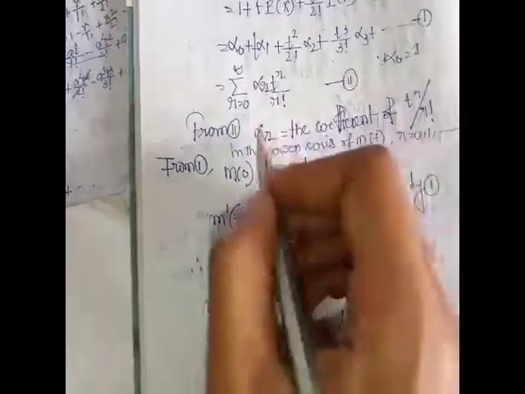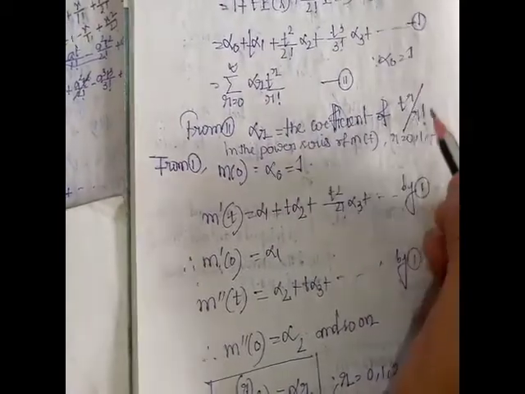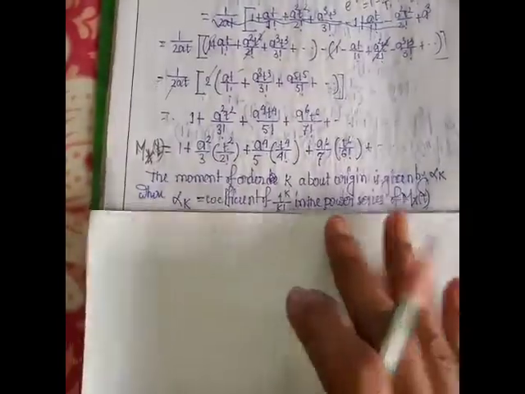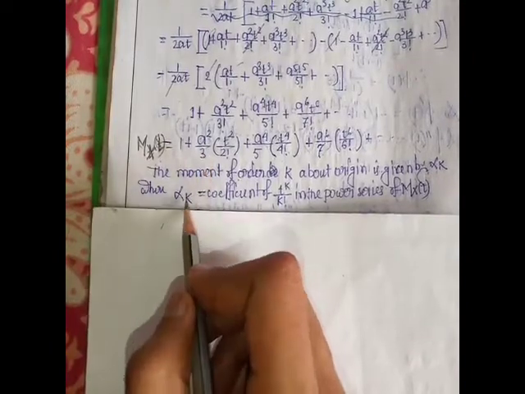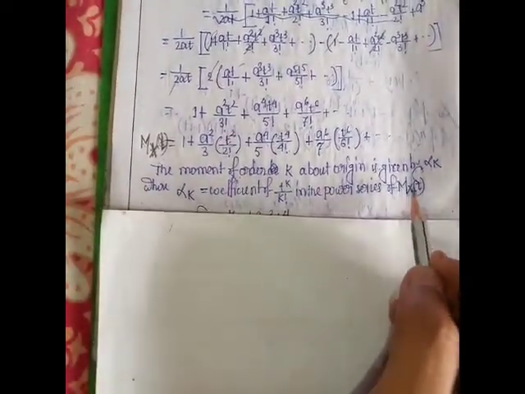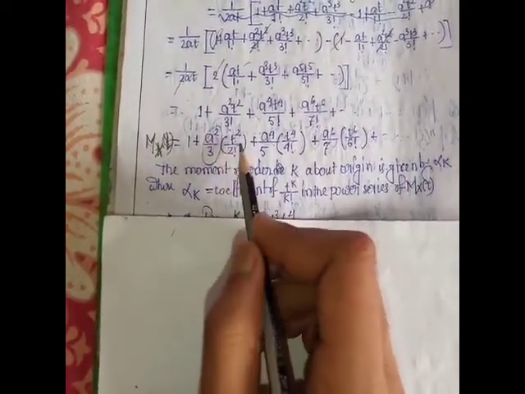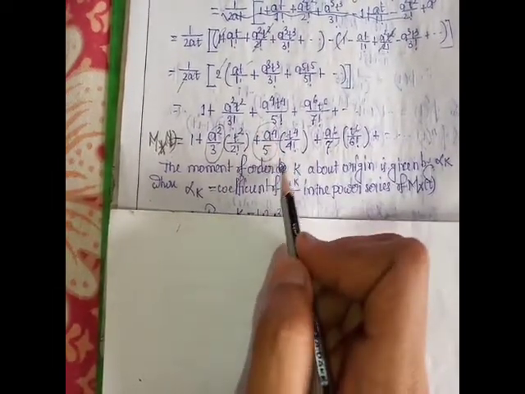So the moment about origin is the coefficient of t to the power r by r factorial in the expression of the moment generating function. From the above expression, alpha k is the coefficient of t to the power k by k factorial of the power series M_X(t). So this is the coefficient of t square by 2 factorial, and this is the coefficient of t to the power 4 by 4 factorial.